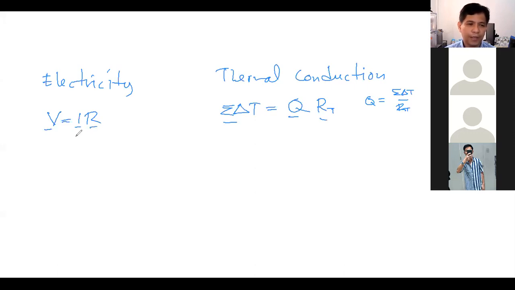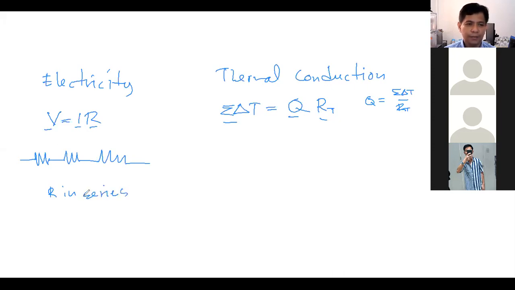So, kung tandaan niyo pa, meron din tayong parallel. Sa electricity, meron tayong parallel resistors at saka meron din tayong resistor in series. So kung tandaan niyo pa, if we have resistors in series, this is R in series.